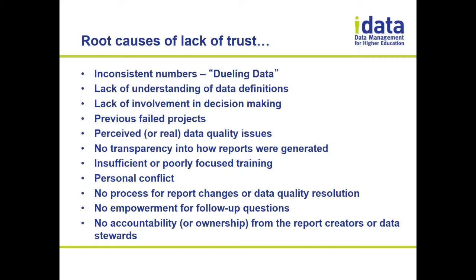So this is an important aspect to think about: these are things that happen to erode trust at the point of consumption, right? So I'm consuming the data, and I look at it and I say, this isn't really what I want, or this doesn't really answer my question, or I don't really understand it, or boy, it looks like those numbers must be wrong, there must be some problem with the data quality. Do I have a way to interact and request either fixes to that report or report a data quality issue?